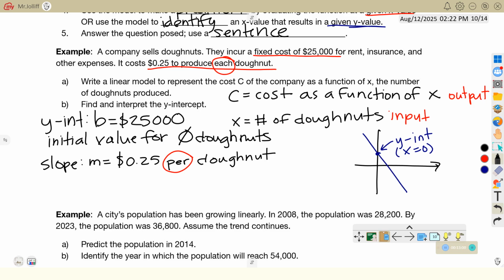C. Yeah, my output variable is C. In slope-intercept form, y equals mx plus b, that's output equals slope times input plus intercept. Output equals slope times input variable, which is x, plus y-intercept.